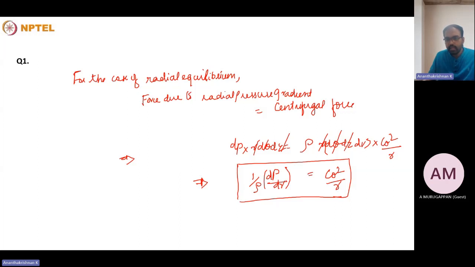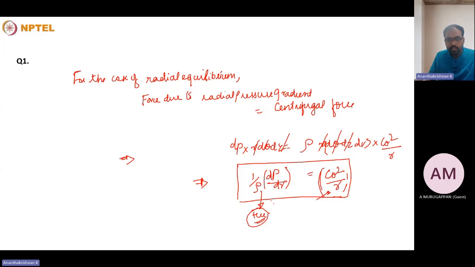This particular equation, 1 by rho dou p by dou r is equal to c theta squared by r, is valid for any value of c theta. c theta can be negative or positive, but the c theta squared by r term will always be positive, since it is a square term.